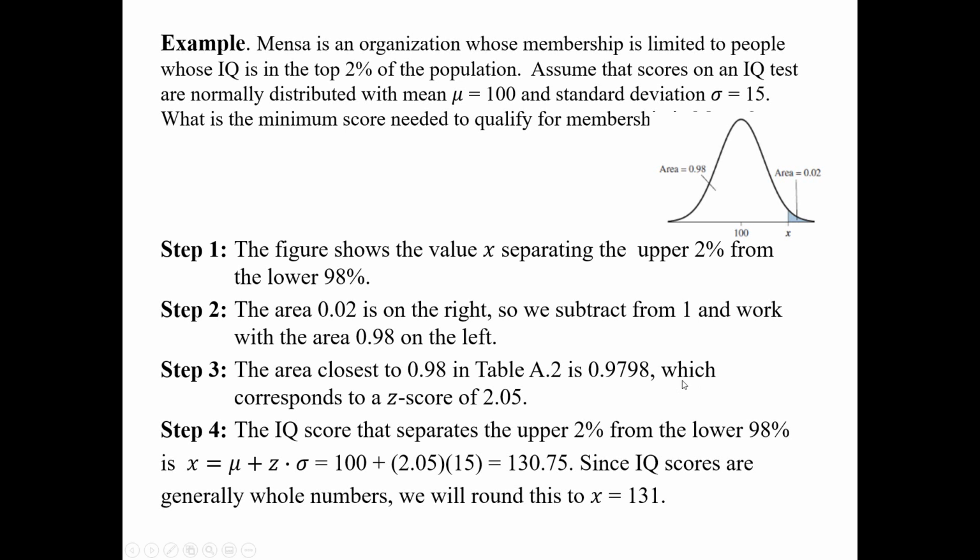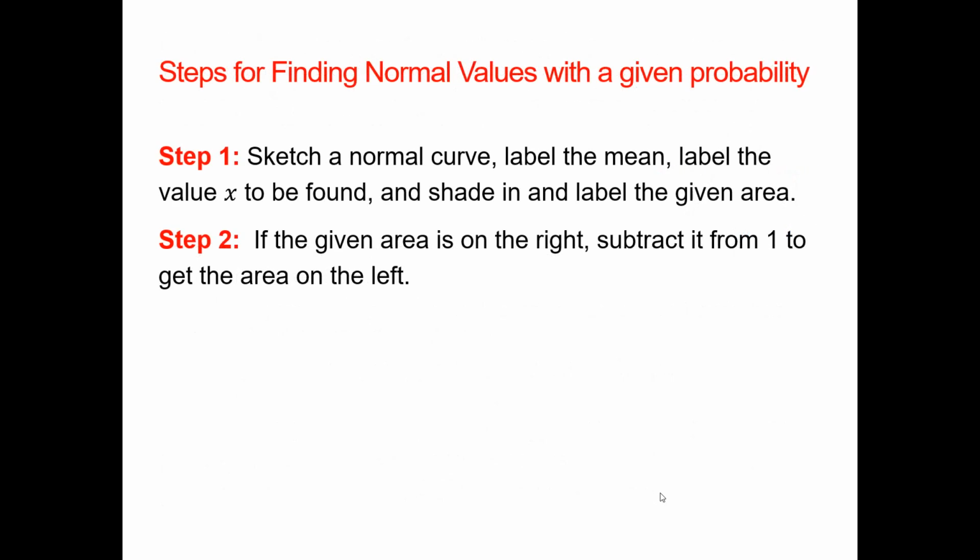So that means that 98% of IQ scores are less than that, while 2% are greater than that. So just some steps for finding normal values with the given probability. Sketch a normal curve, label the mean, label the value x to be found, shade it in, and label the given area.